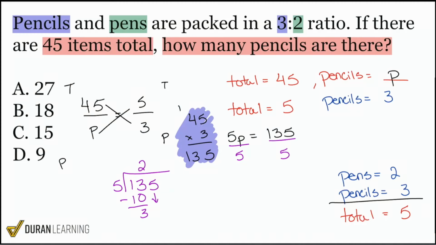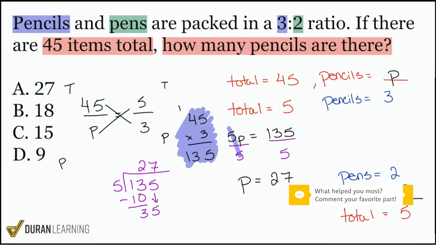And then we'll bring the 5 down. So we have 5 going into 35, and that'll end up being 7. So 27 will be the answer. The 5 cancels out on the left, and then we have P equals, again, 27. That is the number of pencils that we have, which is going to be answer choice A.